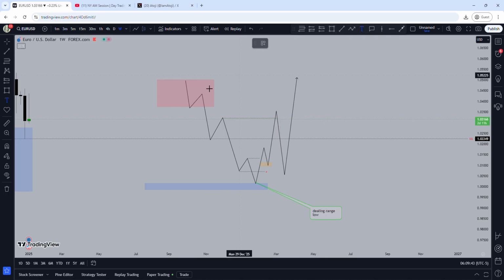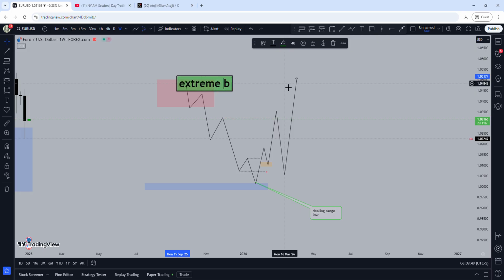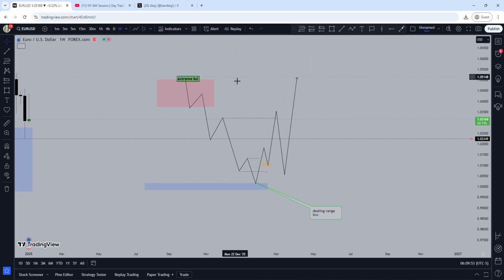You're not going to target this high buy side here, the extreme. Let me label it as the extreme zone, extreme buy side liquidity. You're not going to be targeting this yet.